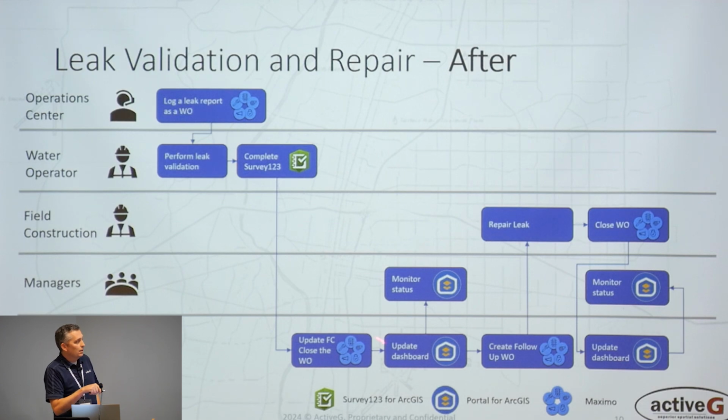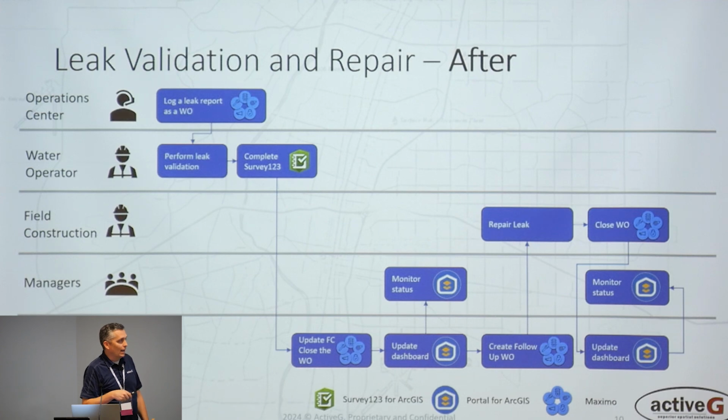If there was a necessary work order, Nash would pick up, use the business rules that are applied, create the work order automatically in Maximo, and update the dashboard saying this now is in need of repair. And then the managers could see that on a map and know what needs to be repaired and what has been repaired. So then the follow-up work order can be created automatically.